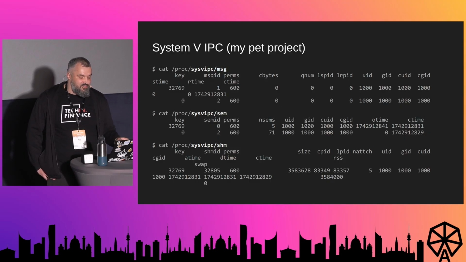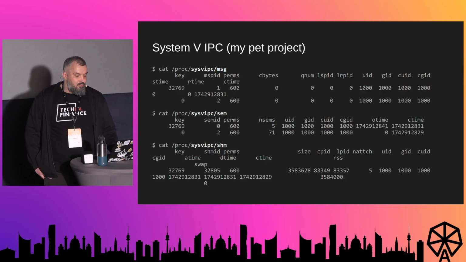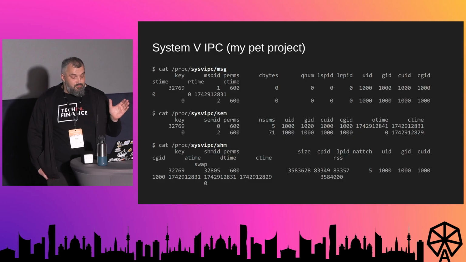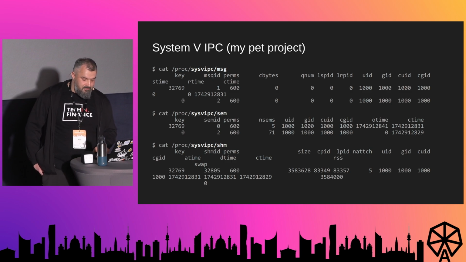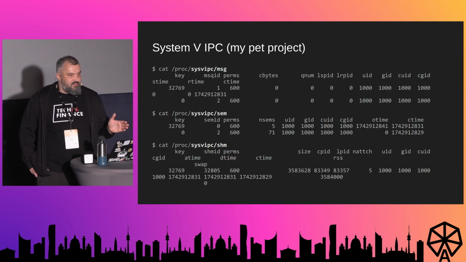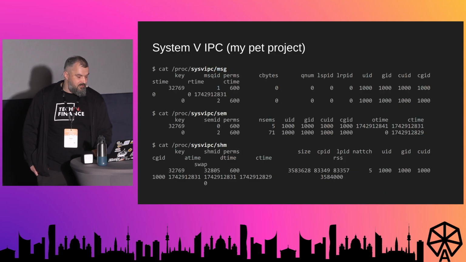Mostly nowadays they are forgotten, or some of them are replaced by POSIX alternatives of message queues, semaphores and shared memory, which do kind of the same, but they lose some of the nice features specific to this System 5 IPC. And the reason for that is I worked with middleware that was using this System 5 IPC, so that's still my pet project.